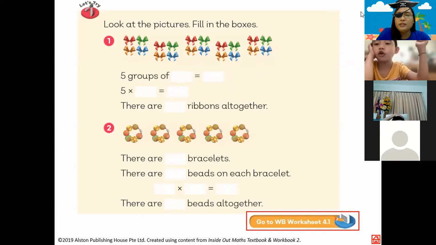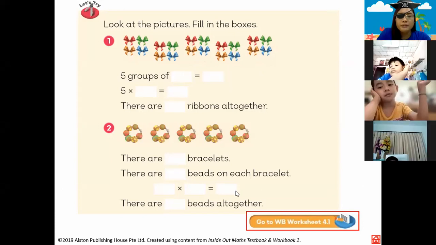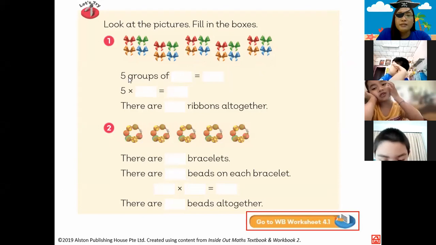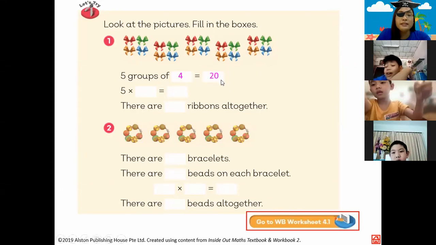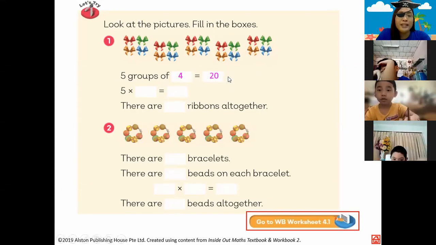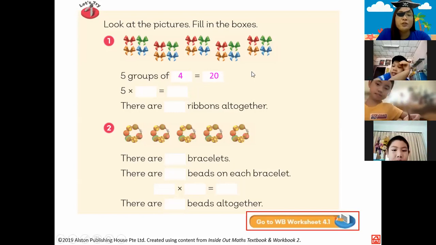So we have to write like this. Oh, turn off your microphone. All right, now let's write like this, okay? 5 groups of 4 is equal to 20.